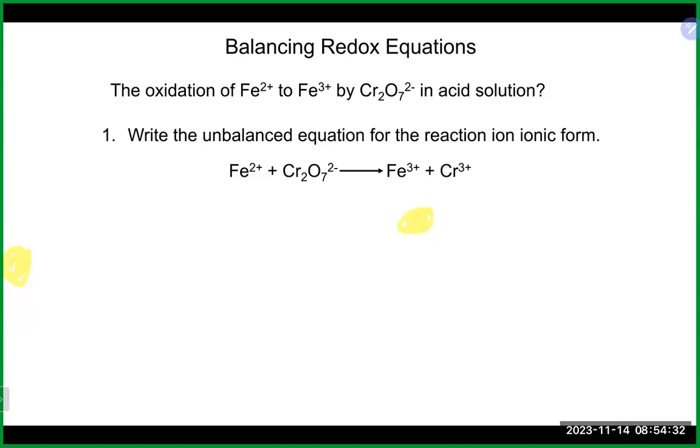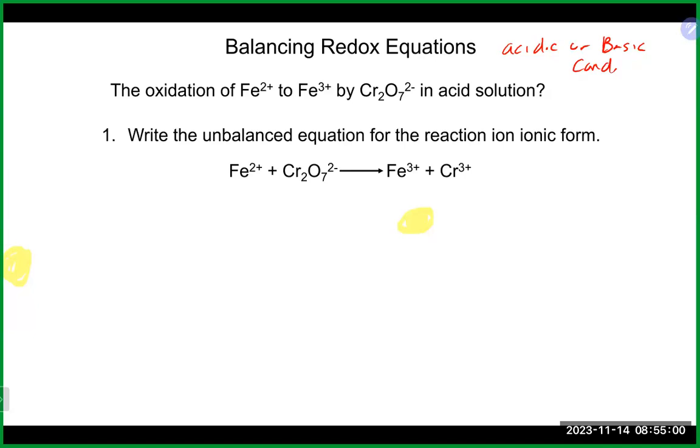Then you add them together and the electrons should cancel out. When we start balancing redox reactions in acidic or basic conditions, it gets a little bit more involved. So we're going to go through the steps of how to balance it in acidic conditions, also basic conditions, and then you should hopefully be good, I hope.